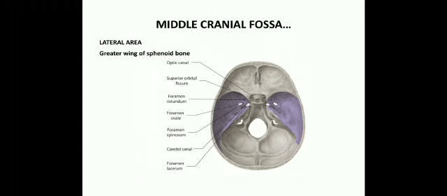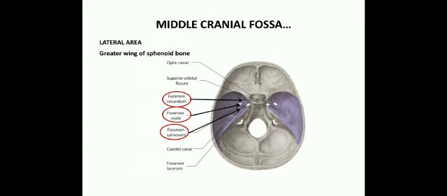Then the greater wing of the sphenoid bone presents the foramen rotundum, and the foramen ovale, which lies posterolateral to the foramen rotundum. It leads inferiorly to the infratemporal fossa. The foramen spinosum lies posterolateral to the foramen ovale.